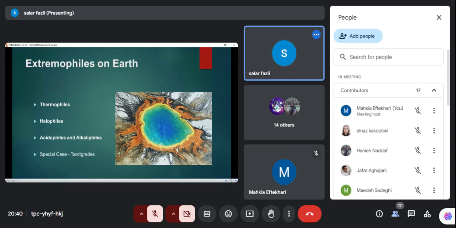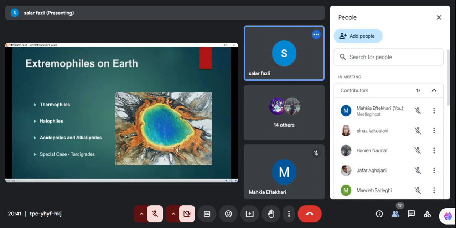And our special case is tardigrades, which is one of my favorites because in recent experiments done in the United States, they sent tardigrades into the vacuum of space, under low pressure and UV rays. Tardigrades could survive over 10 days, and this is one of the very special cases in our nature for survival, which is very interesting.